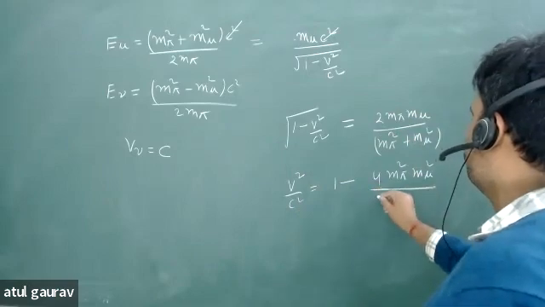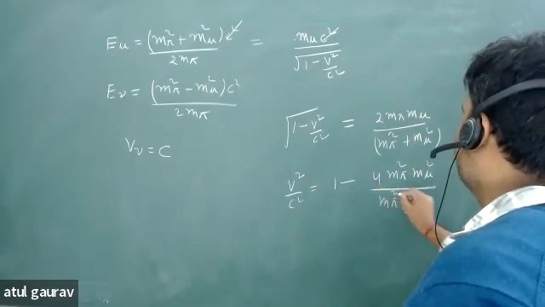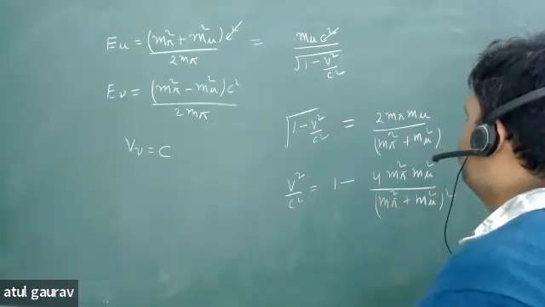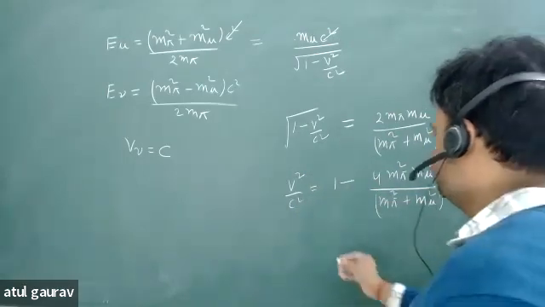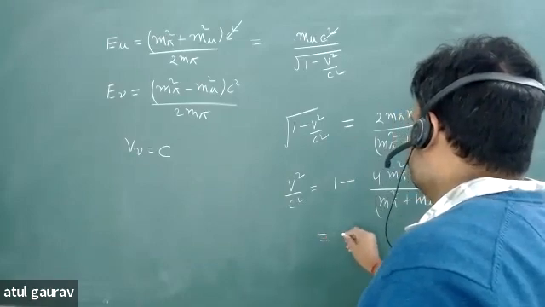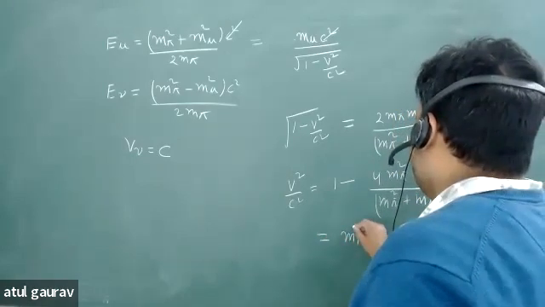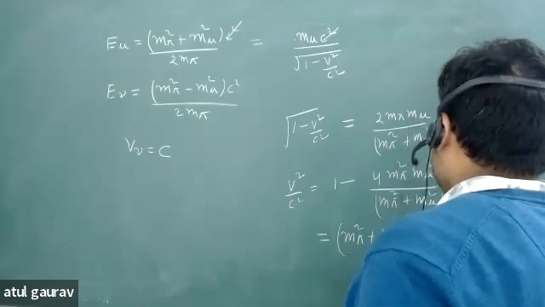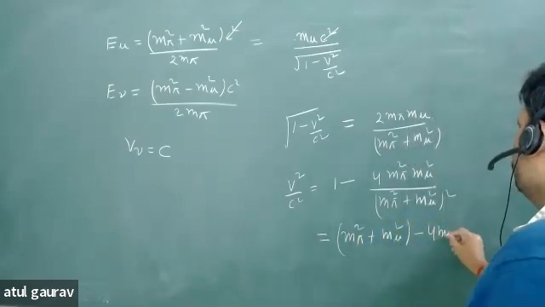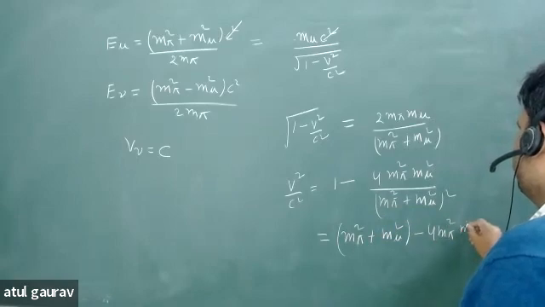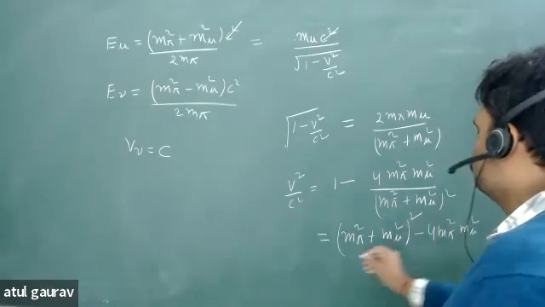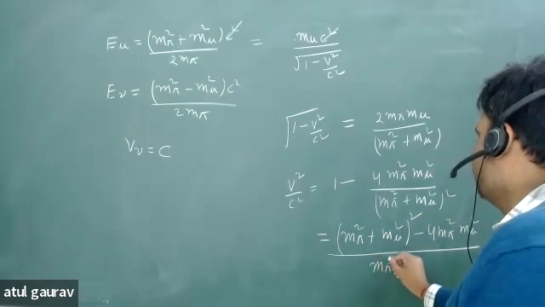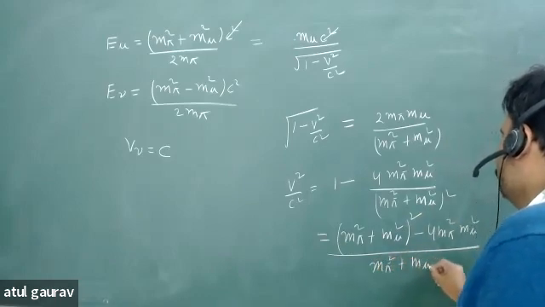That value is over m pi square plus m mu square whole square. So this value is equal to m pi square plus m mu square, whole squared, minus 4 m pi square m mu square, over m pi square plus m mu square, whole square.